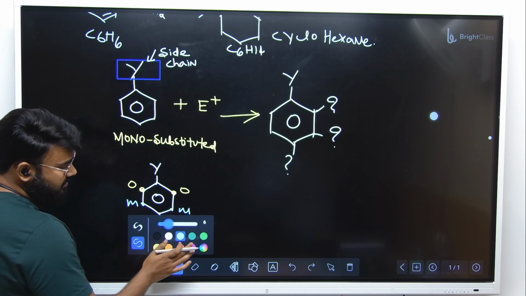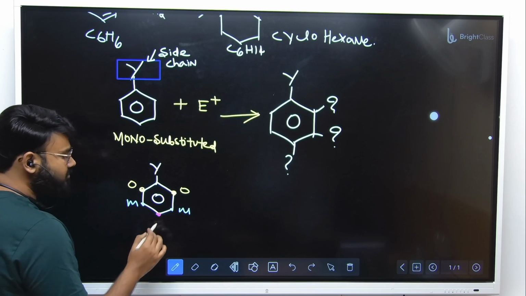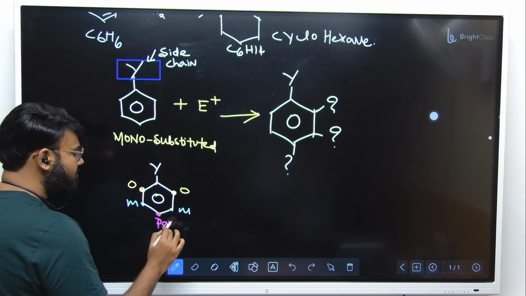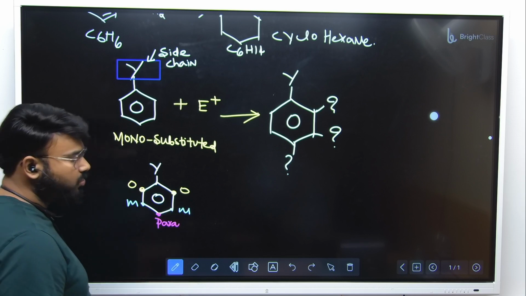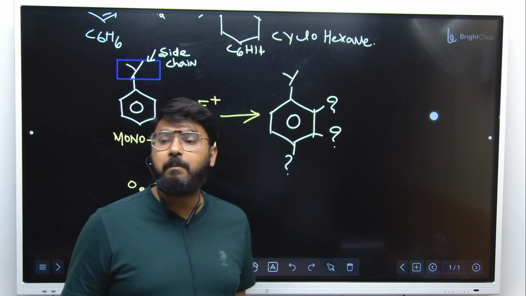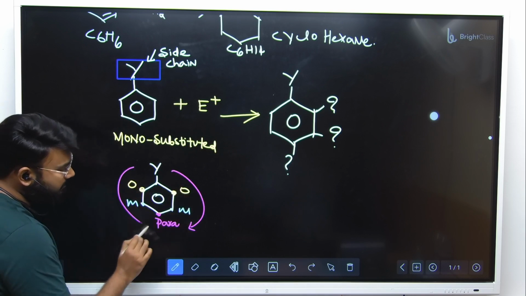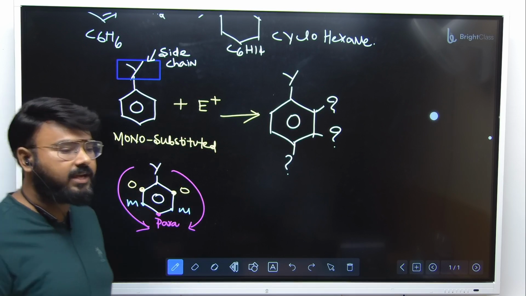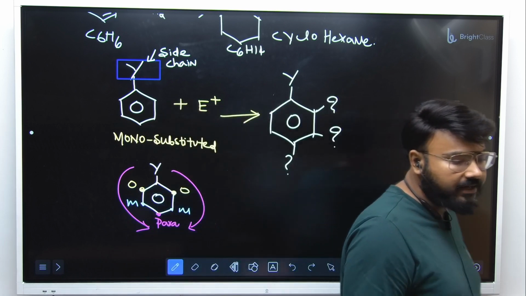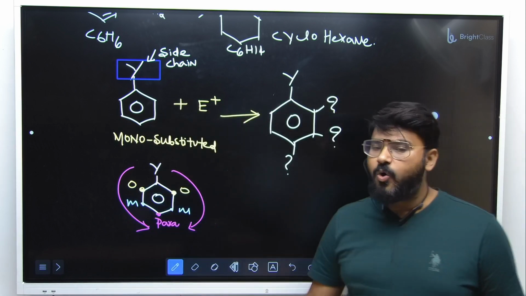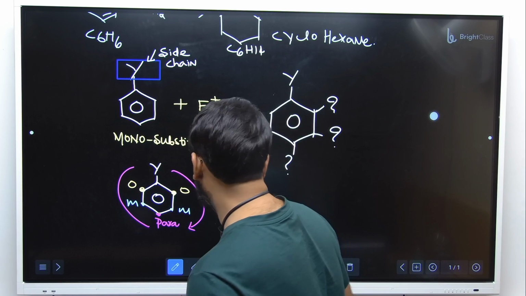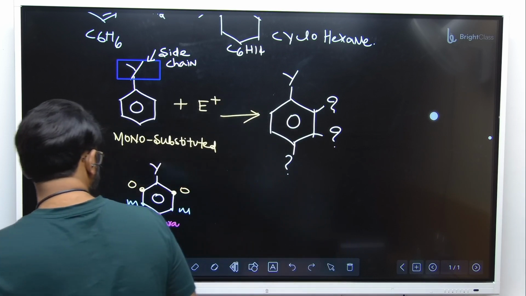And last, this one is called para. So remember a trick, Om Prakash: ortho meta para, ortho meta para from both the sides. Om Prakash, OMP. I hope it's clear.